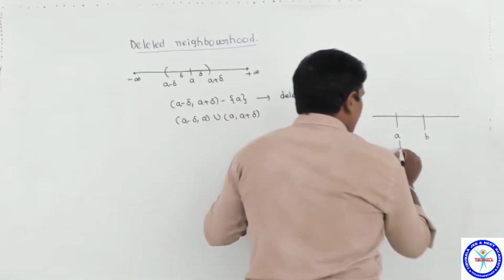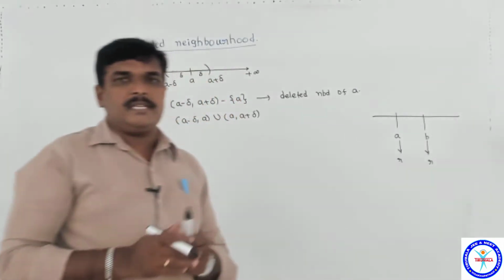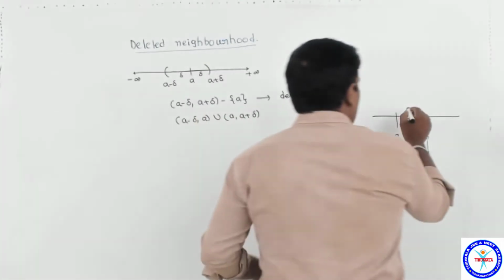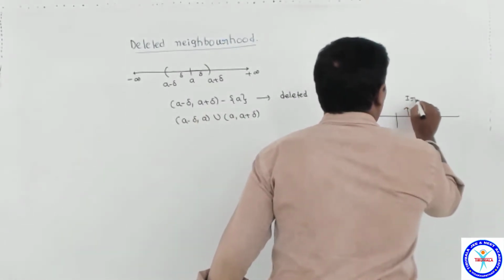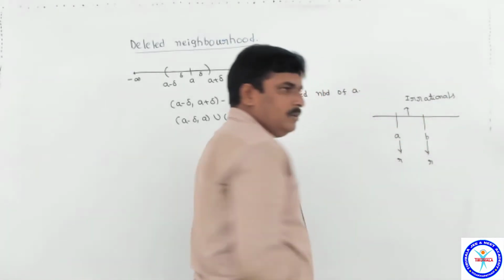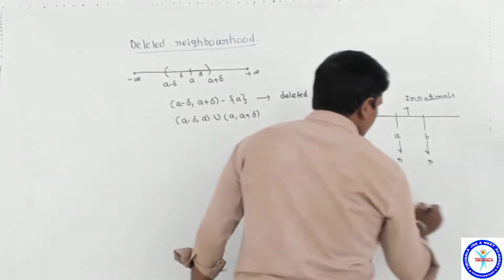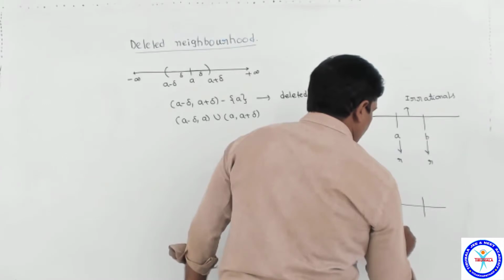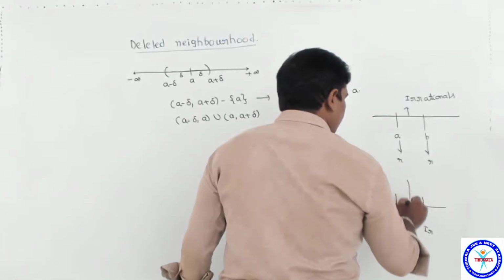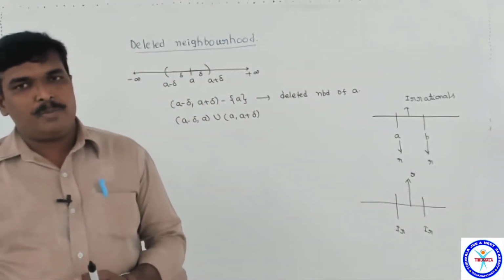if these are rational numbers, by using the density property, there are infinitely many irrational numbers between two rational numbers. At the same time, if these are irrational numbers, there are infinitely many rational numbers between two irrational numbers. This is called the density property.